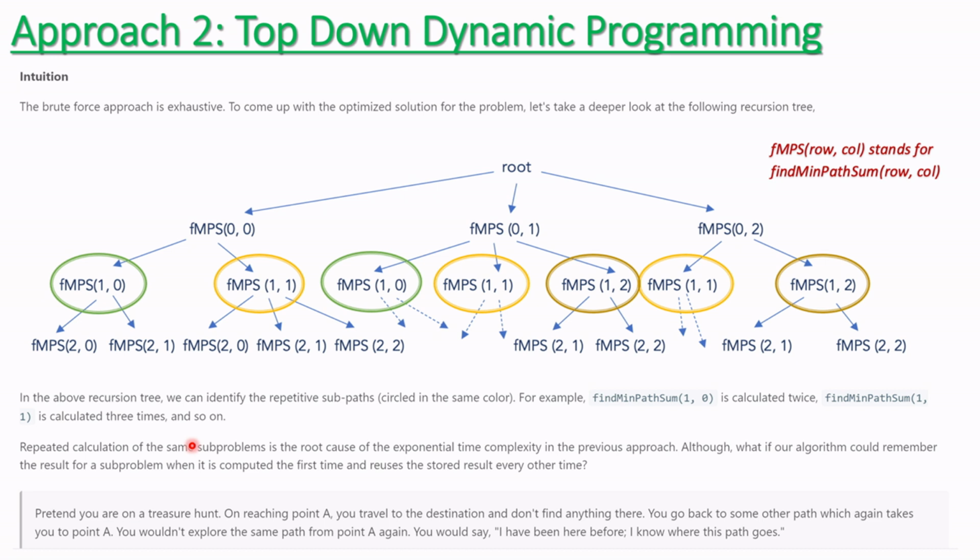What if our algorithm could remember the result of a subproblem when it computed it the first time and reuse the stored result every time? If we have some storage, like an array list or array, that will hold the result.